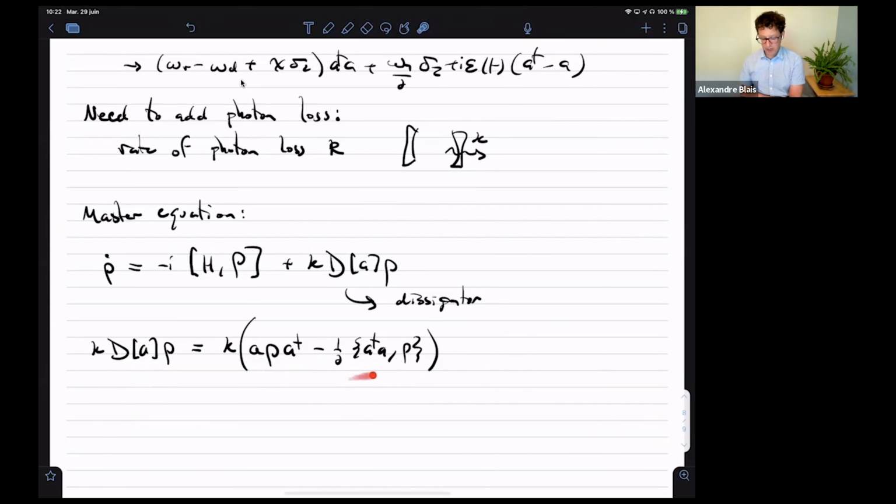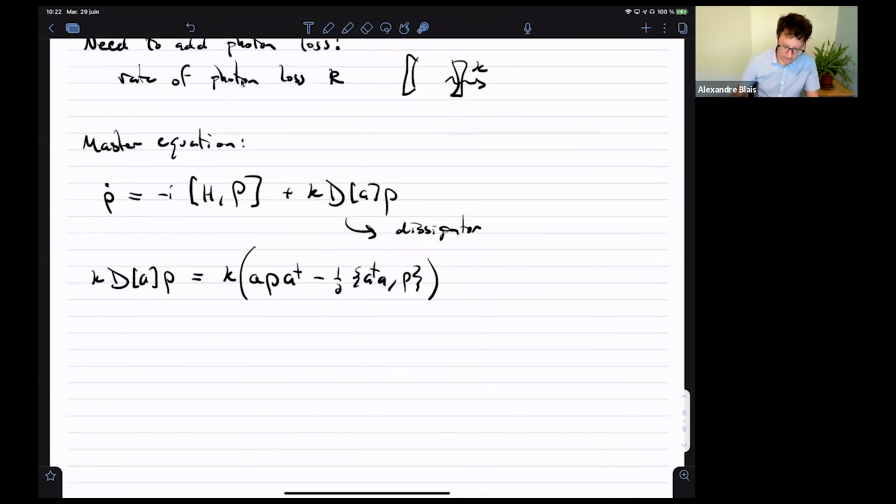And then this strange anti-commutator. Let's get an intuition for this term. The intuition will be to take a specific state of the field which has exactly n photons.